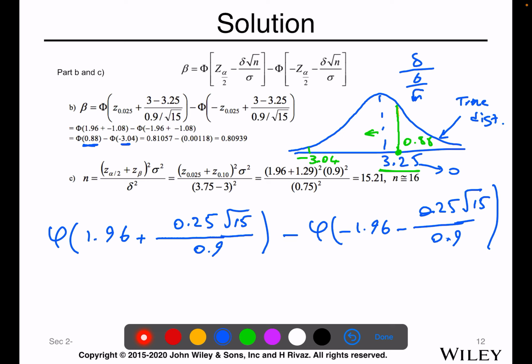So it looks like this is different from what's written over there, right? Yeah, it is different.